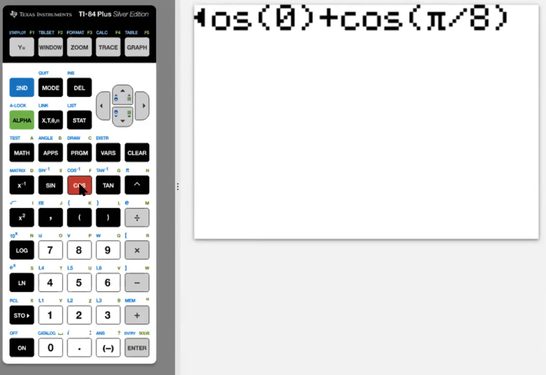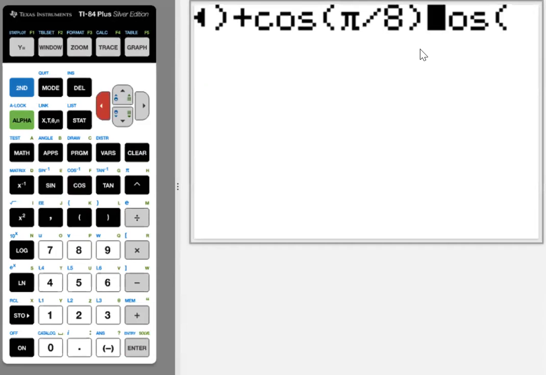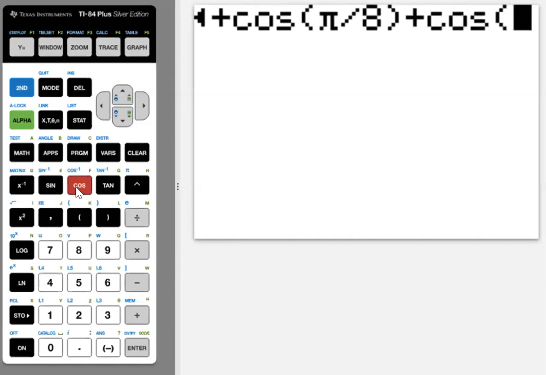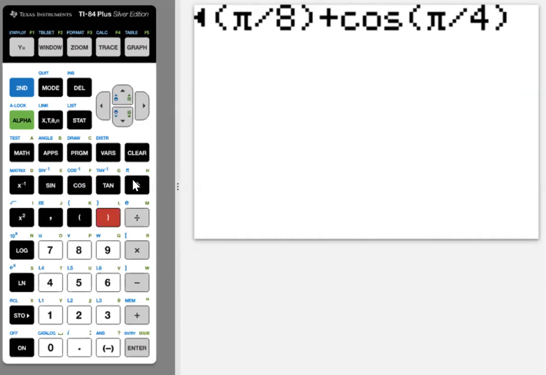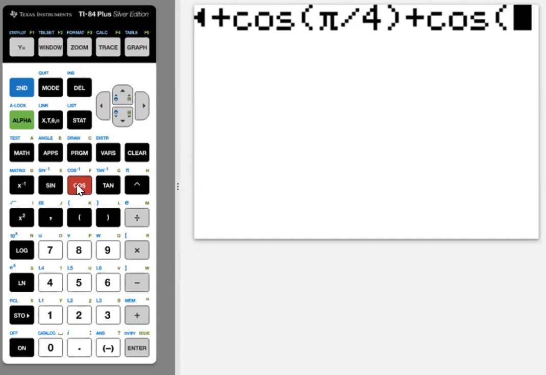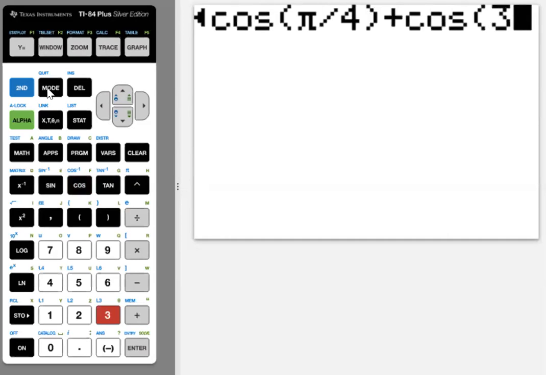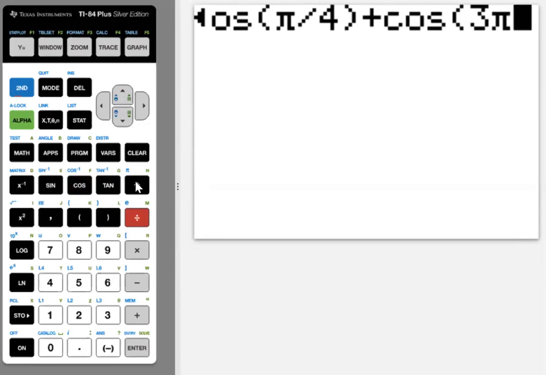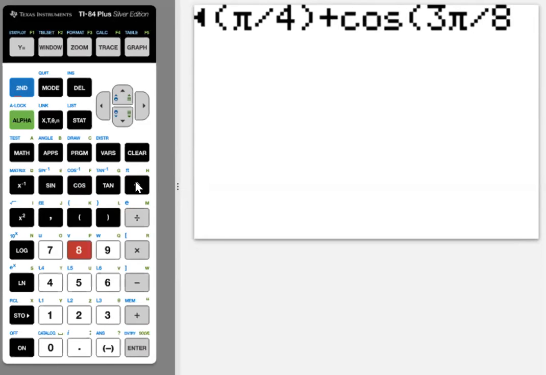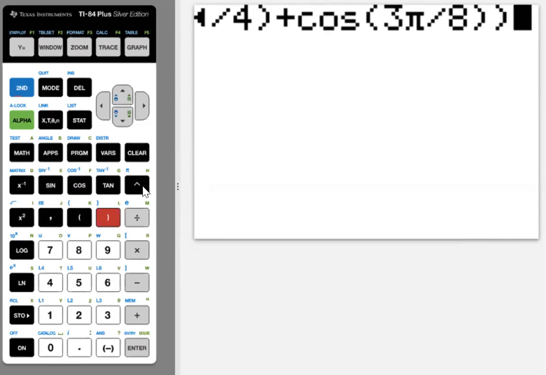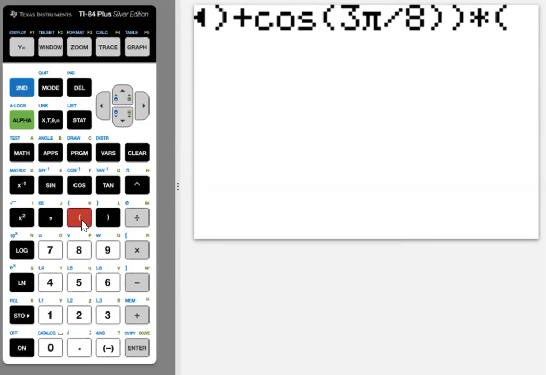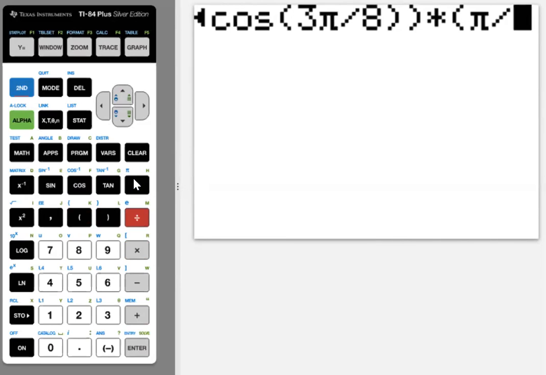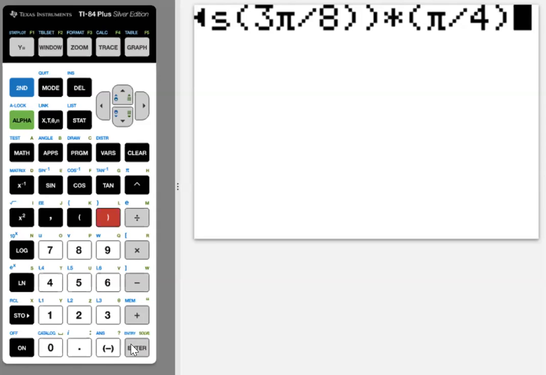And then cosine of pi over 4 plus the rest, close it, and then multiply by the quantity pi over 4 divided by 4. Close it, and then enter.